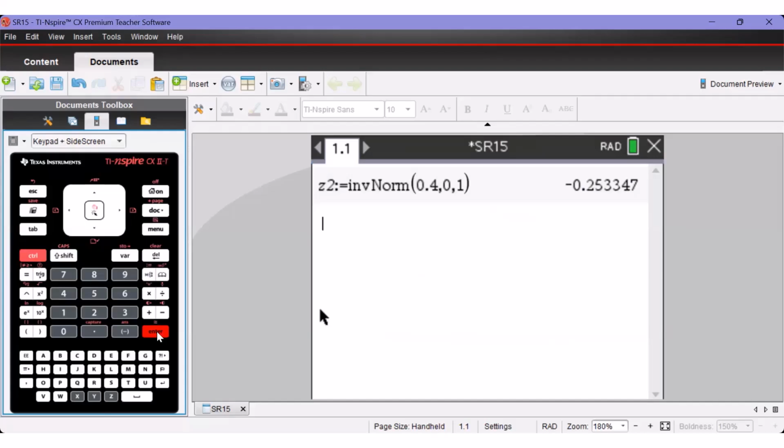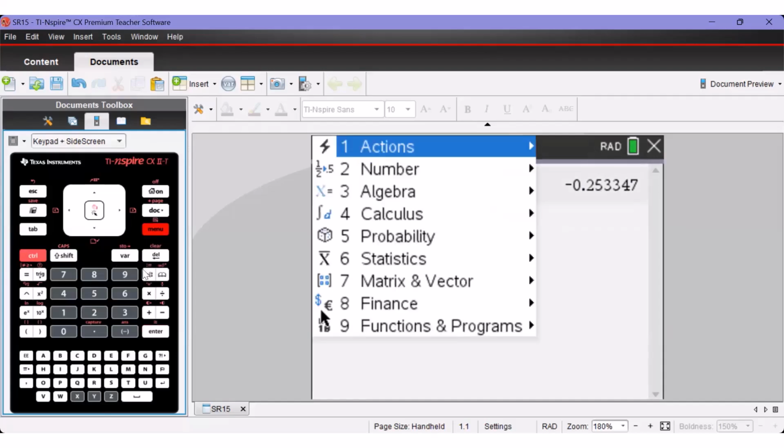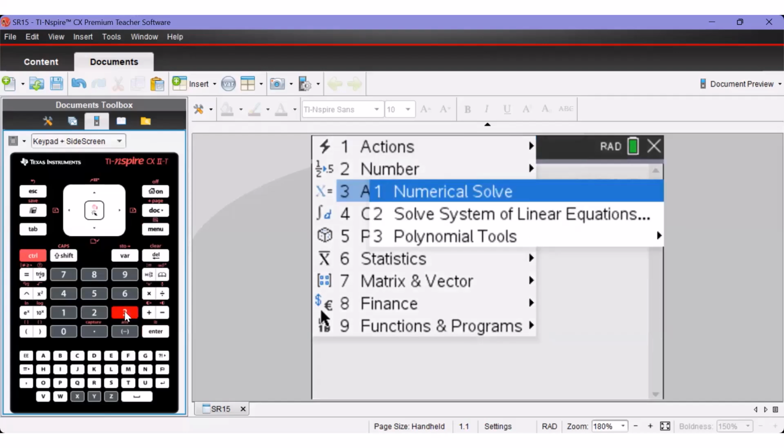So it's a linear equation, so we can use the numerical solve with confidence. So we're going to press menu. To select algebra, I'm going to press 3 and then 1 or enter for numerical solve.